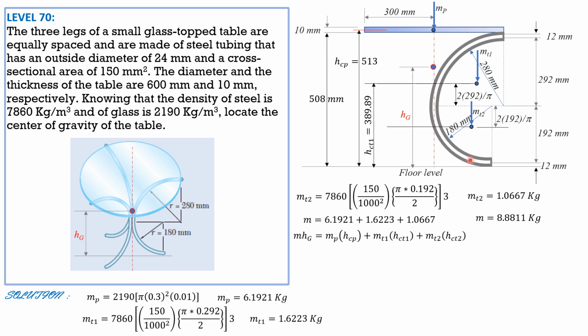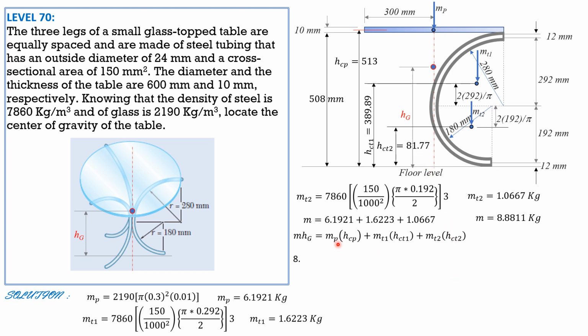Then this distance is 12 plus 192. This distance is 2r over pi, so minus 2 times 192 over pi. The radius is 192. So that would be 12 plus 192, 204, minus 2 times 192 over pi, and that is HCT2, 81.77 mm.